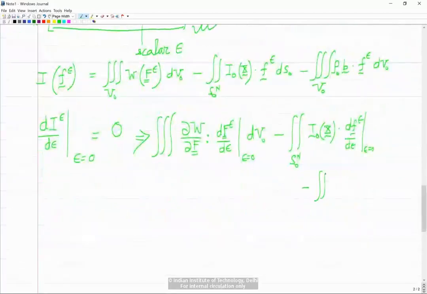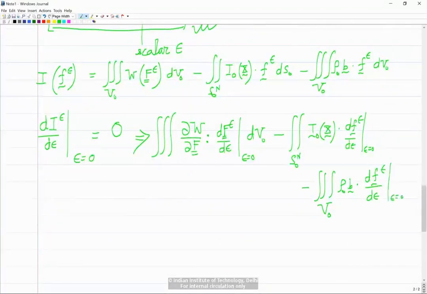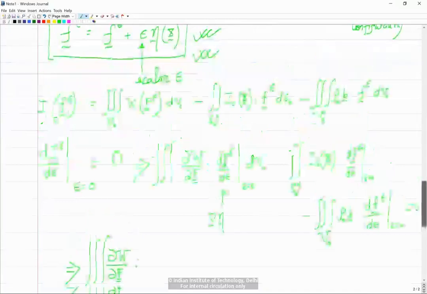Then the last term, and this whole thing is equal to 0. So finally this becomes del W by del F double contraction. You see, what is this going to become? We have also worked it out in the last class. This is simply gradient eta, isn't it? Just look here.